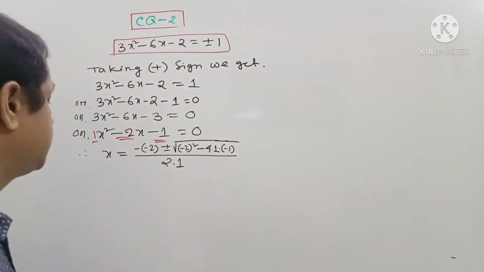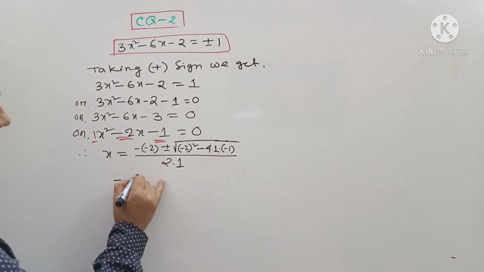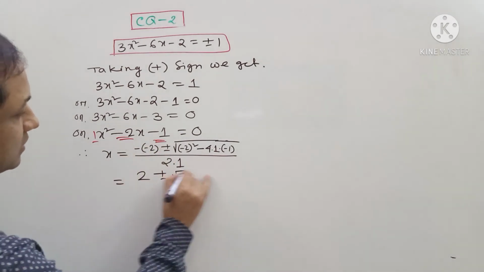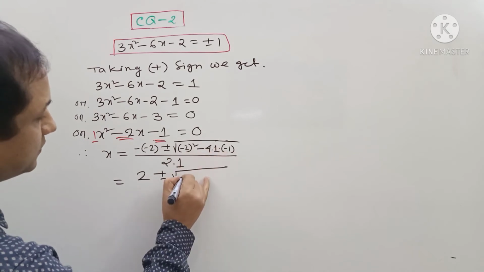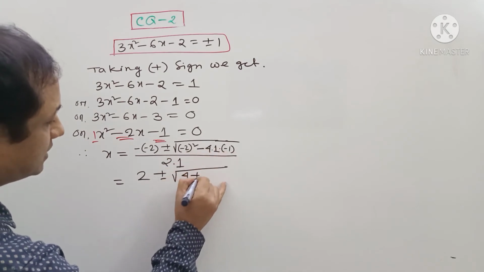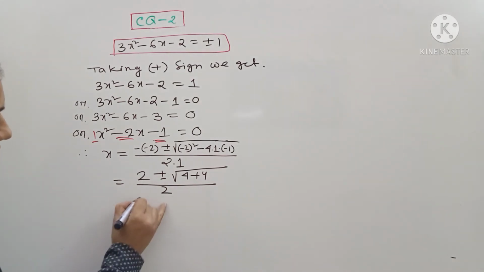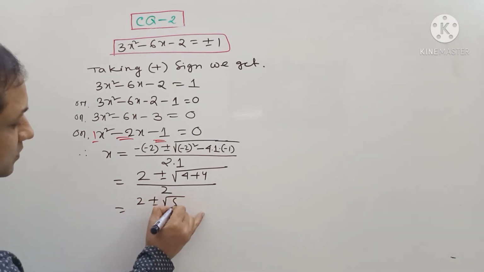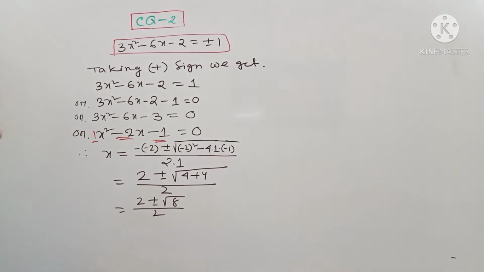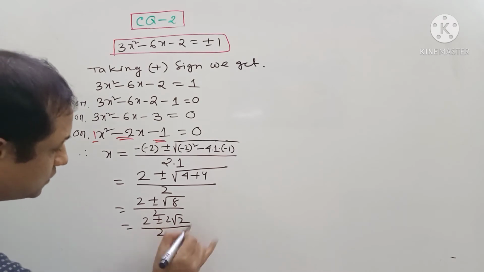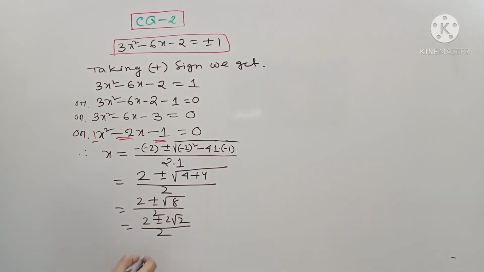Then simplify: minus minus will be plus, root over 4 plus 4, by 2. So student, here 2 plus minus root over 8 by 2. Then using a calculator, plus minus 2 root 2 by 2.